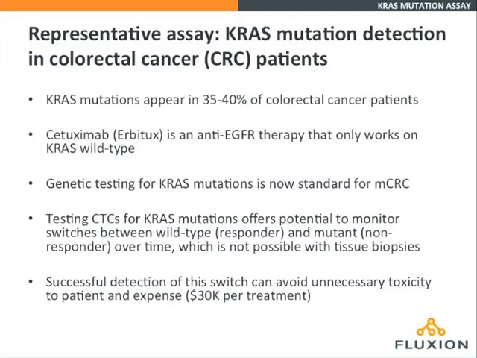The KRAS mutational tests have become part of the standard of care for CRC patients, and therefore we feel like being able to accurately determine the mutational status in circulating tumor cells will provide a way to map this out longitudinally, which is not possible with tissue.